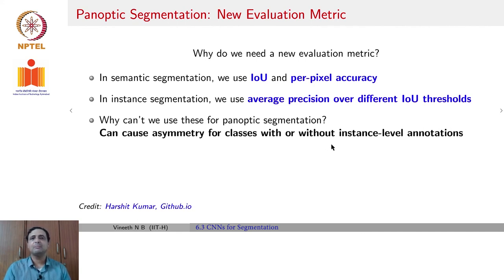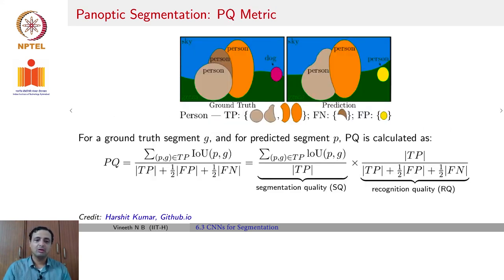Remember that in panoptic segmentation, you could have certain classes where there are multiple instances, for example, people or dog, and there could be certain classes such as sky, road, which may not have many instances. So to combine these metrics without considering these asymmetries may not be wise. This particular work recommends a new metric known as the PQ metric.